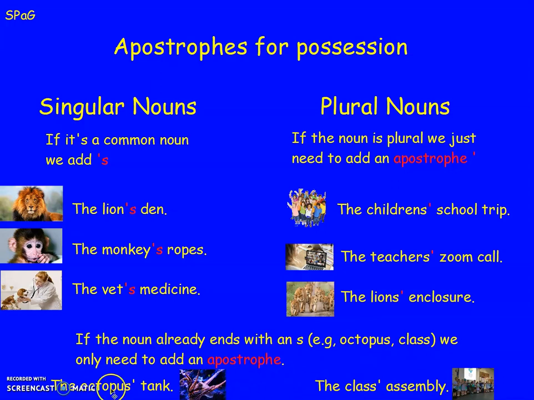So for example, octopus ends with an S, but there's only one octopus, so it's a singular noun. But because the noun ends with an S already, we only need to add an apostrophe. So the octopus' tank would look like this. Octopus with an apostrophe, we would not need to put another S. The class' assembly, the class is a plural noun, it's a group of children in the class, but because it already ends in an S, we just need an apostrophe, not an apostrophe S.